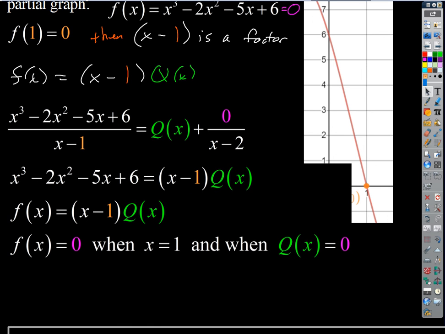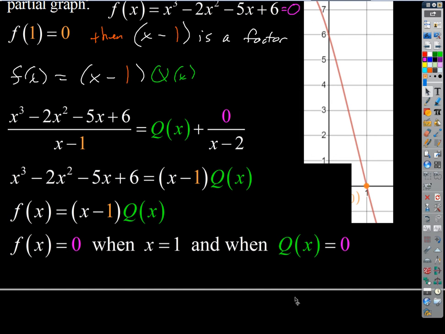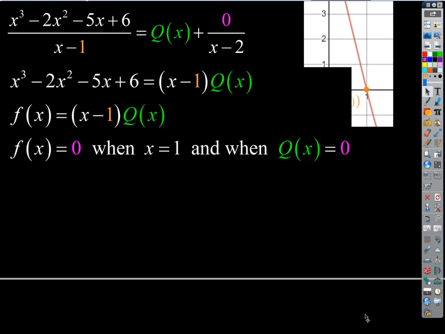Okay. So that's what we get. We know that the original function equals x minus 1 times q of x. So we just need to figure out what q of x is. Well, we can do that. That's just synthetic division, no big deal. So if we do the synthetic division, what does this work out to be?